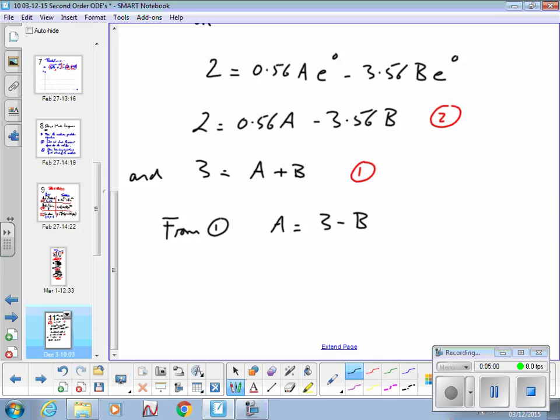From 1, a equals 3 minus b, and then substitute into the second equation. So wherever you've got a in the second equation, I write 3 minus b. 2 equals 0.56 a, which is 3 minus b.